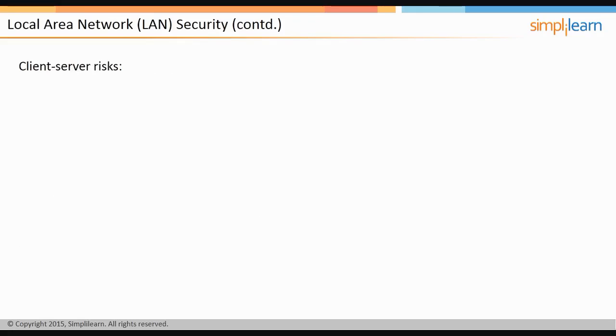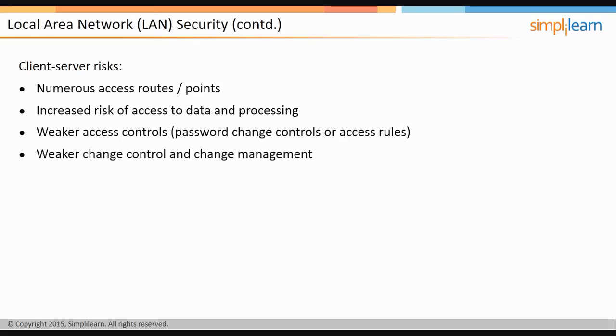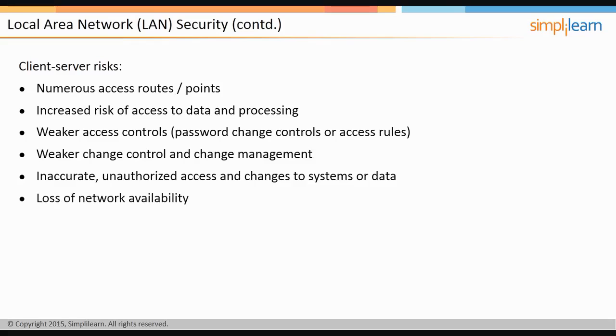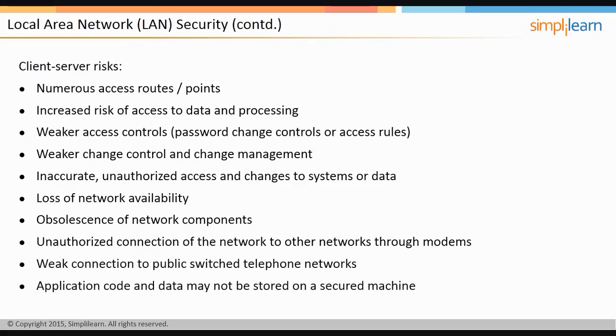Client-server risks include numerous access routes and points, increased risk of access to data and processing, weaker access controls, password change controls or access rules, weaker change control and change management, inaccurate, unauthorized access and changes to systems or data, loss of network availability, obsolescence of network components, unauthorized connection of the network to other networks through modems, weak connection to public switched telephone networks, application code and data may not be stored on a secure machine.